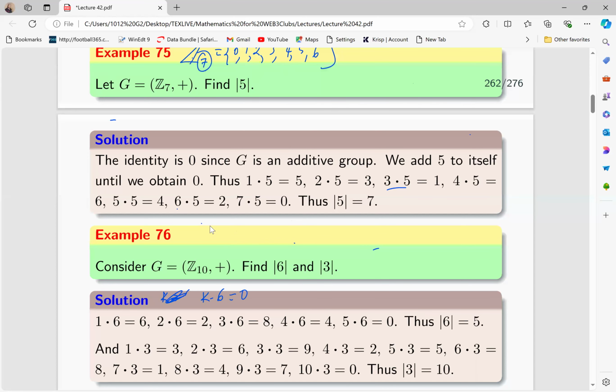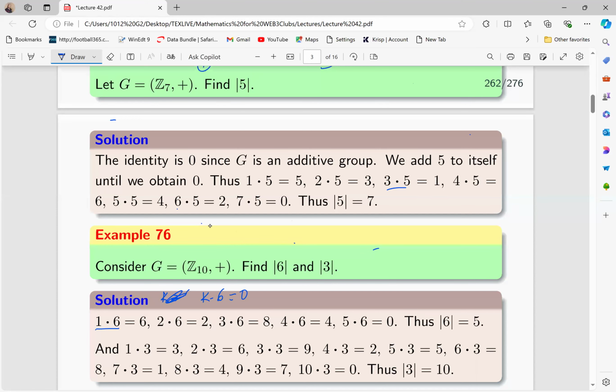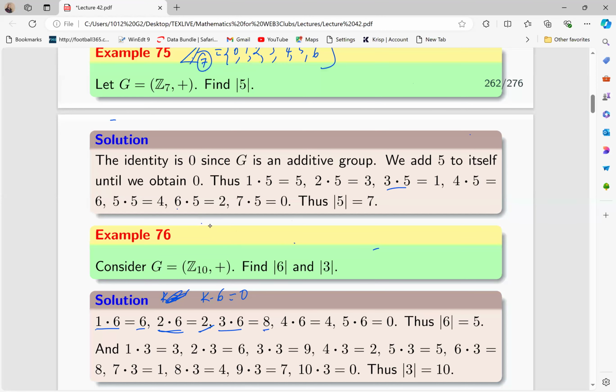We just try. 1 times 6, we get 6. 2 times 6 gives us 2, because it's 12, but 12 divided by 10, the remainder is 2. That's how we do that, because this is modular arithmetic. And then 3 times 6 would be 18, which is 8.